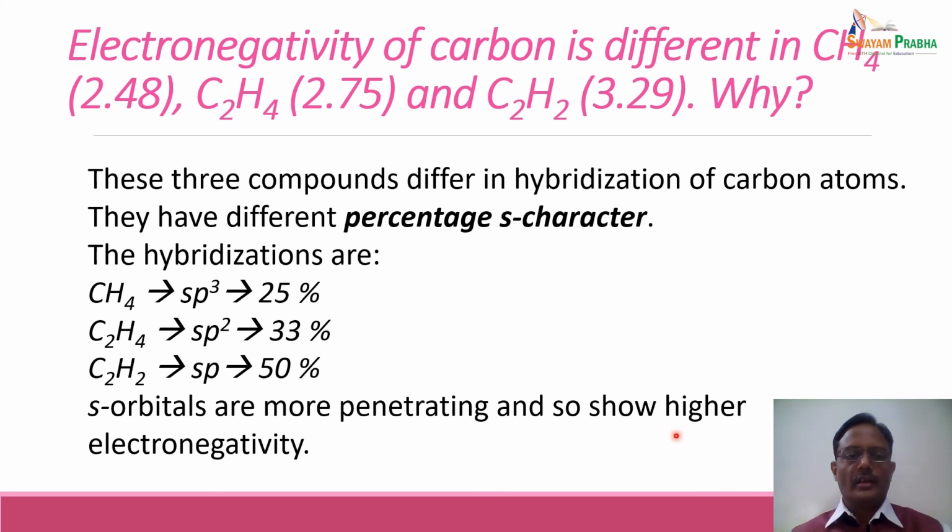In other words, with increase in the percentage s character, the hold of the nucleus on the electron pair goes on increasing. Hence, the electronegativity goes on increasing from methane to ethylene to acetylene due to increase in percentage s character.